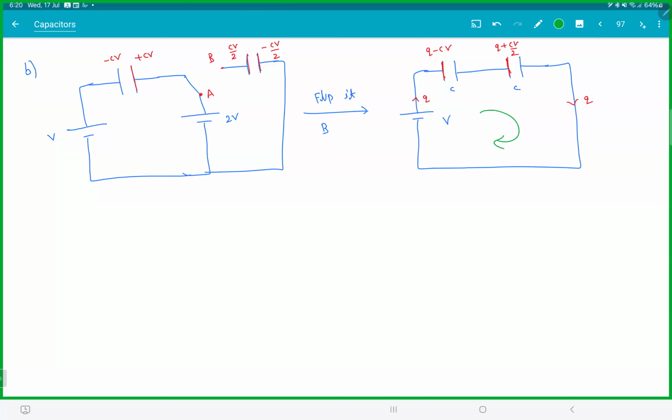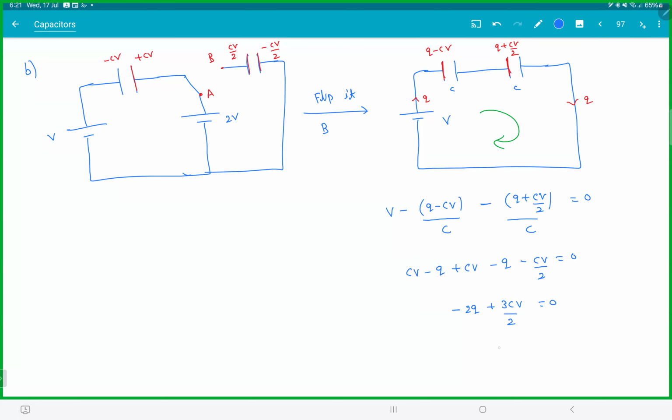And then go in this way, write the equation: V minus (Q minus CV)/C minus (Q plus CV/2)/C equal to 0. So CV minus Q plus CV minus Q minus CV by 2 is equal to 0. That's 2Q equals 3CV by 2.